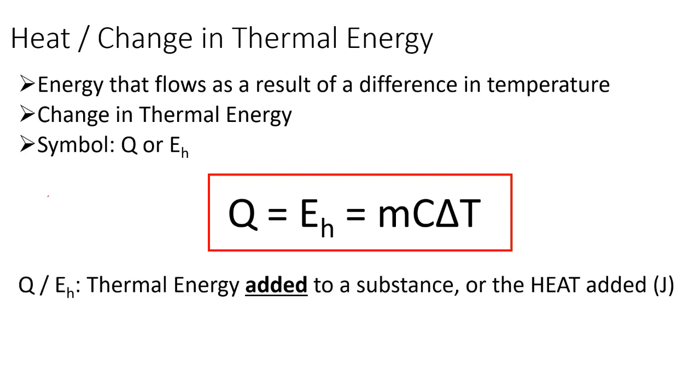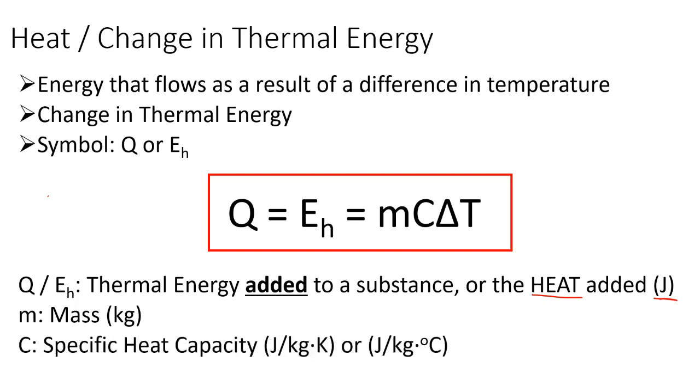Okay, so E_H is the thermal energy that is added to a substance, or the heat added. The units for energy, of course, are the joule. Okay, m is our mass of a substance. c is something new. c is the specific heat capacity.